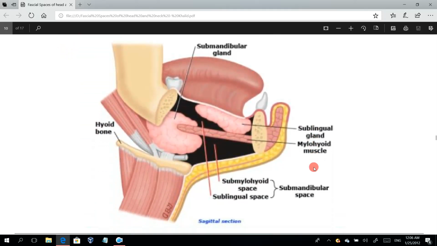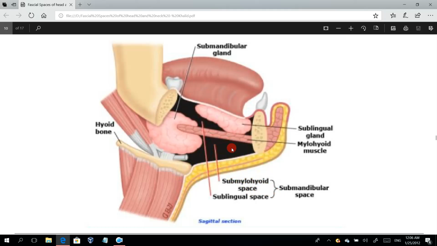Well, this simple picture shows you this space, the sublingual space, under the tongue, and the submylohyoid space, which is the submandibular space, also called the submylohyoid space.